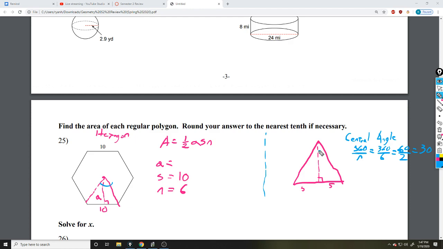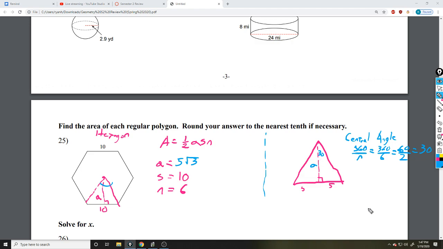So this is 30. If you know your 30, 60, 90 pattern, then you'll know that this will be 5 square root of 3. In fact, we had one where the short leg was 5 and this was 5 square root of 3.